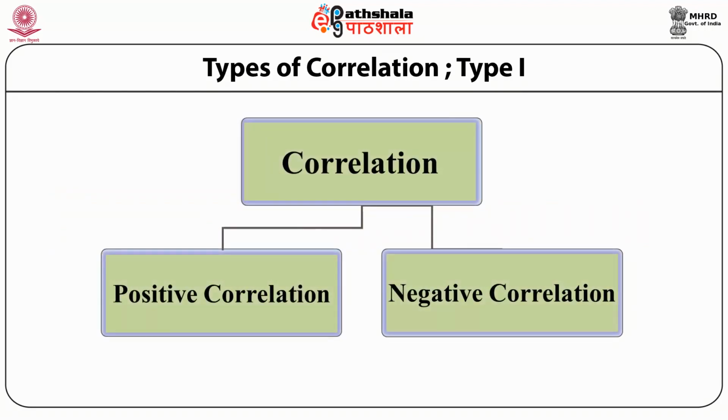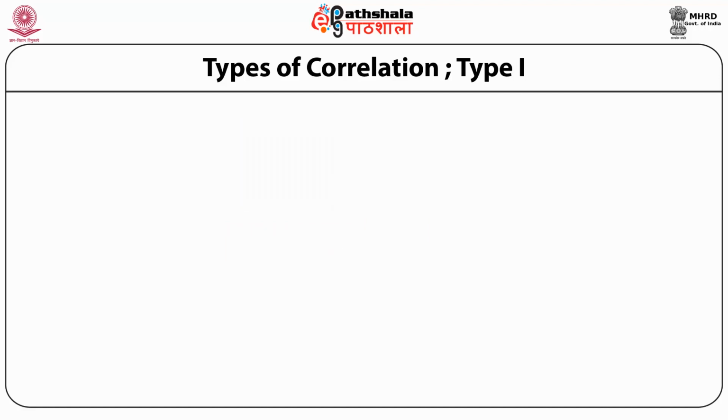Types of correlation. There are different criteria based on which we can classify the type of the correlation. Positive correlation and negative correlation are determined by the direction of the change in both the variables. If the direction of the change in both the variables is the same, it is a positive relationship, and if variations in both the variables are occurring in the opposite direction, it is a negative relationship.